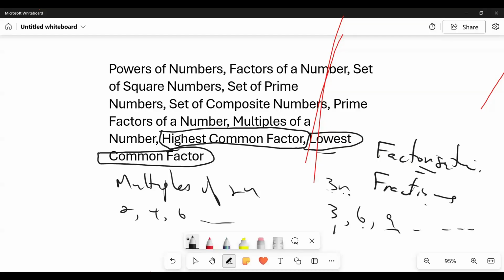Then we'll need the lowest common multiple, LCM, and the highest common factor, HCF. Leave these two for next week. I'll send some notes for you to read, and then we'll get into those two a little bit.